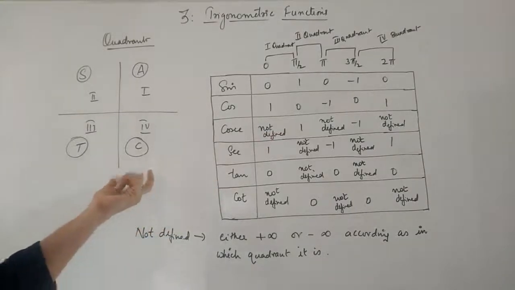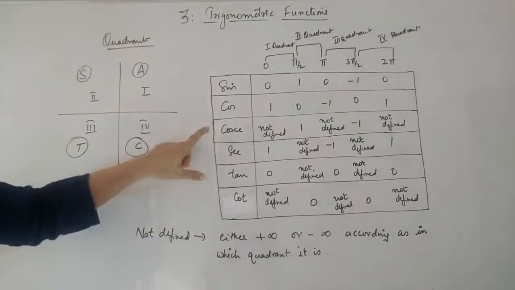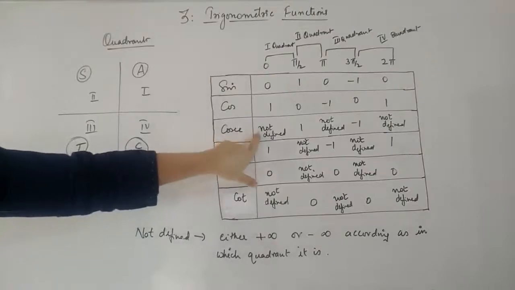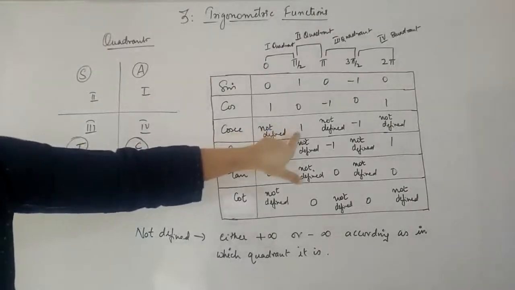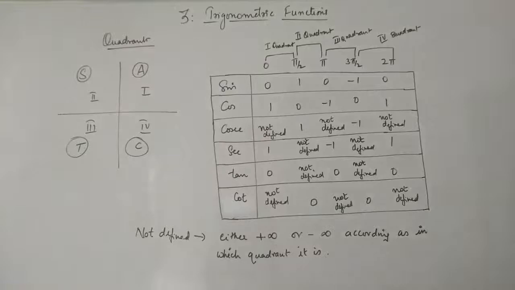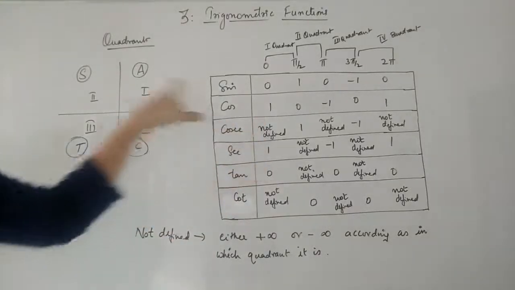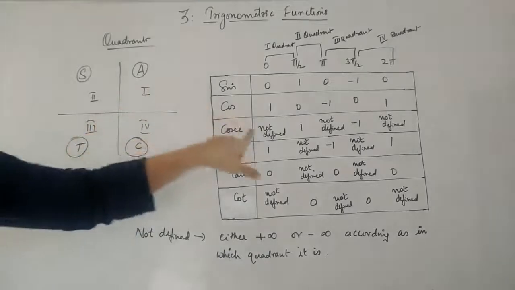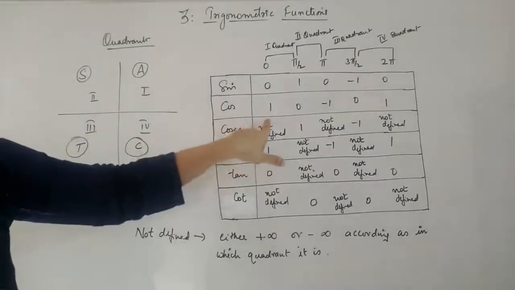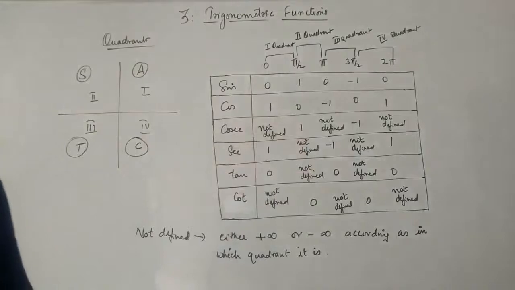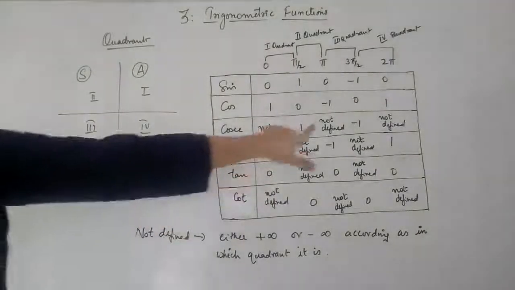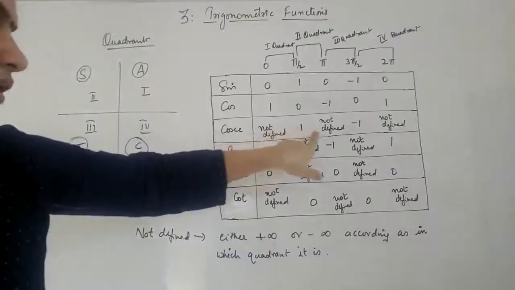Okay, so when we go for the cosec function, see I have written not defined to 1, right? So it is actually decreasing from, this will be taken as positive infinity. Why positive infinity? This will be positive only in the first quadrant, so it can be only positive infinity. So it is infinity to 1. Infinity to 1 means it is decreasing in the first quadrant. Now for the second one, it is from 1 to not defined.